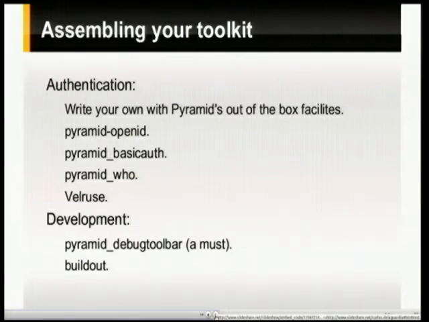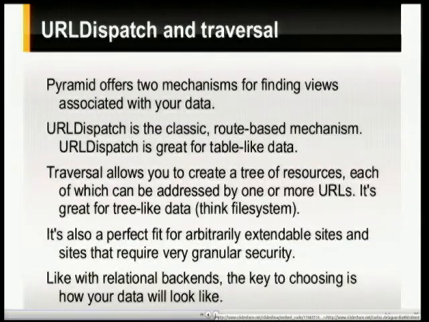Pyramid offers two mechanisms for finding views. In Pyramid, we have a process where you define your URLs, and then there's a separate process that we call view lookup that, once you have a URL matched, we find which view can apply to your data.